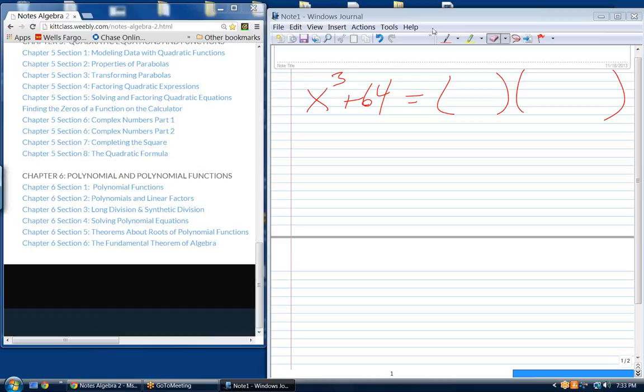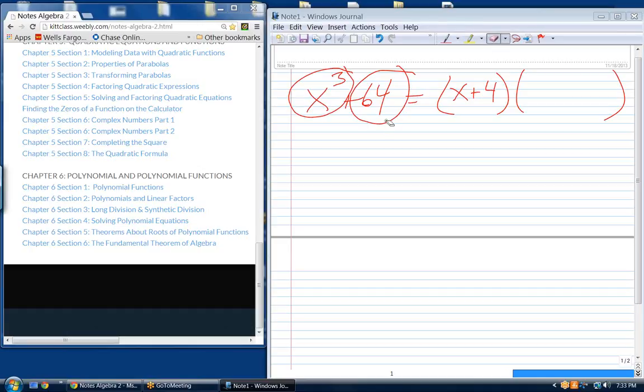Always make the linear factor be the same sign. It'll be x plus the cube root of 64. In other words, because this is the sum of cubes, then our linear factor is the cube root of that plus the cube root of that.